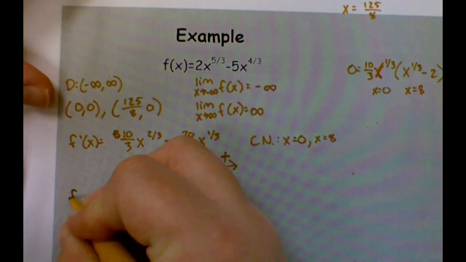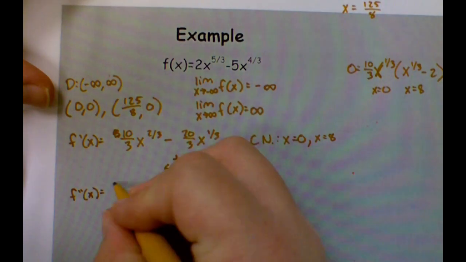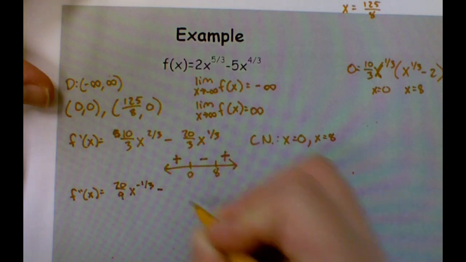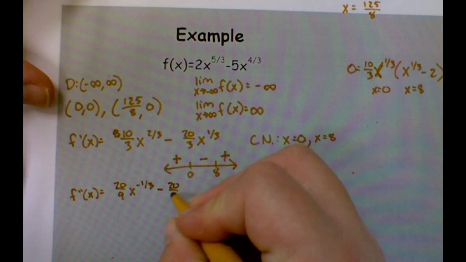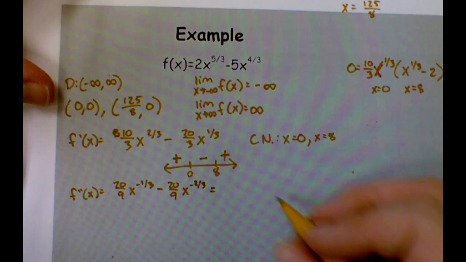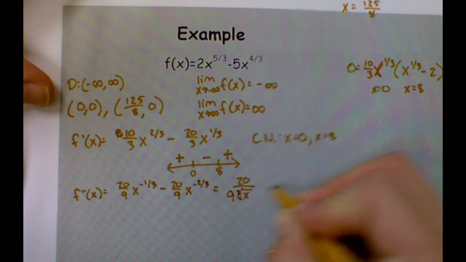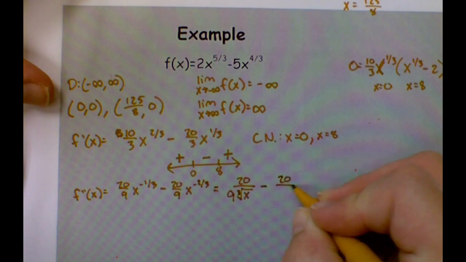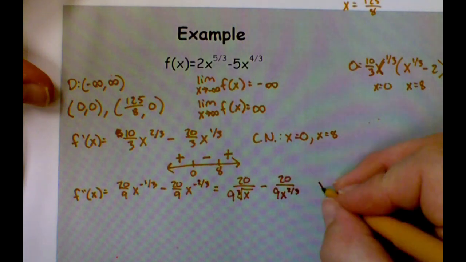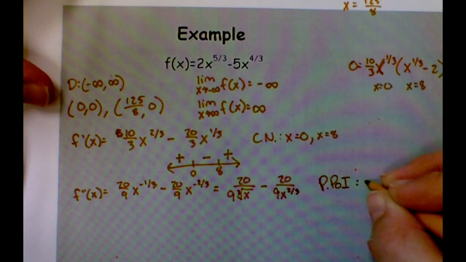And then we take our second derivative, and we get 20 over 9 x to the negative 1/3 minus 20 over 9 x to the negative 2/3, which we would rewrite as 20 over 9 cube root of x minus 20 over 9x to the 2/3. Possible points of inflection. We have x equals 0 again.